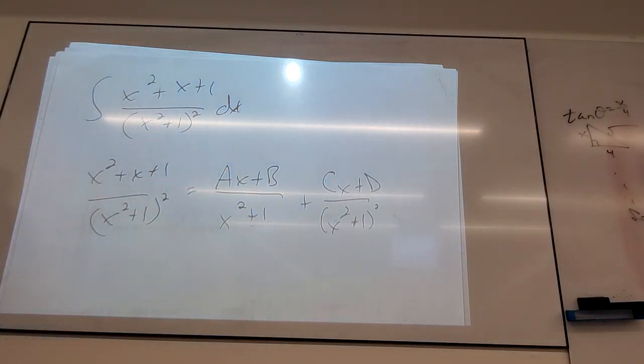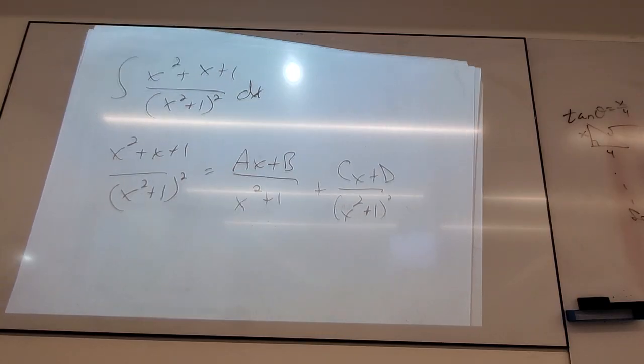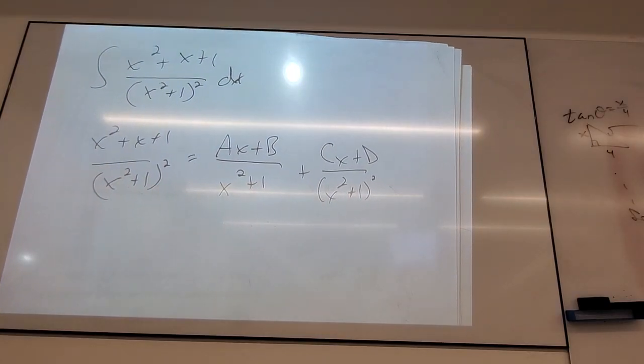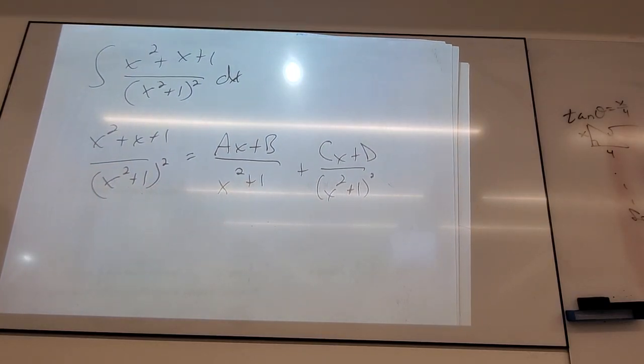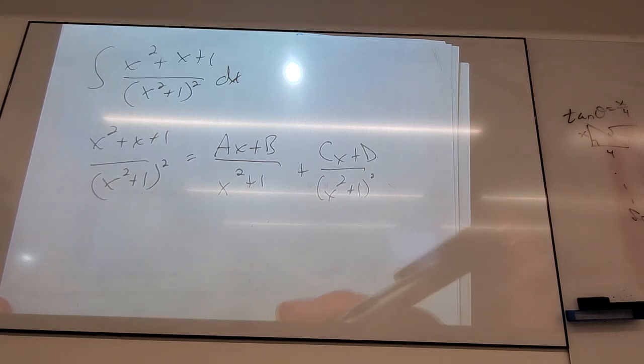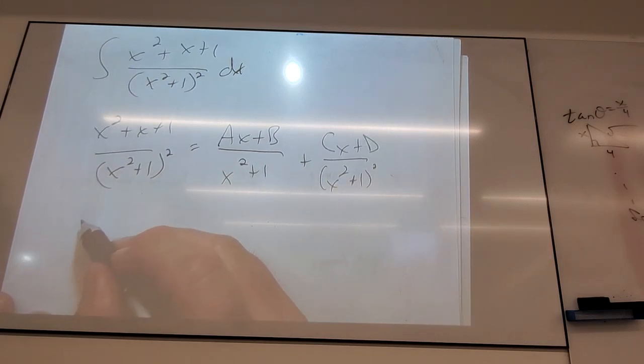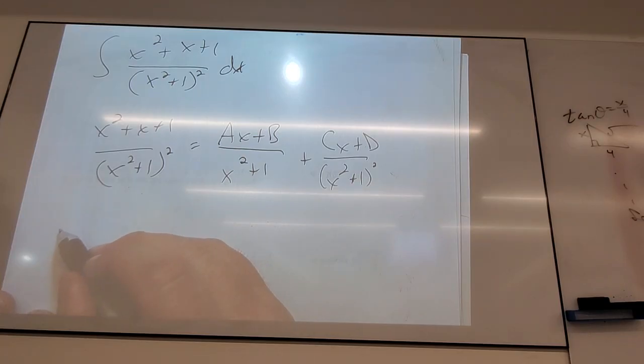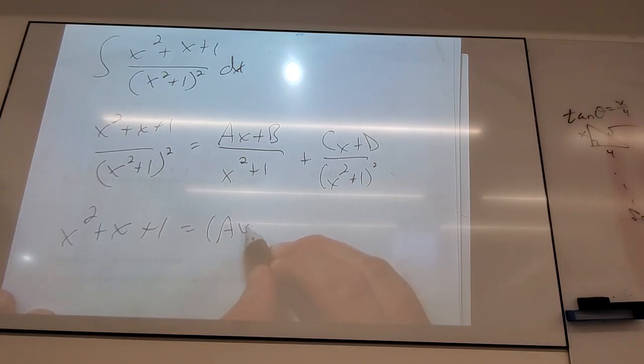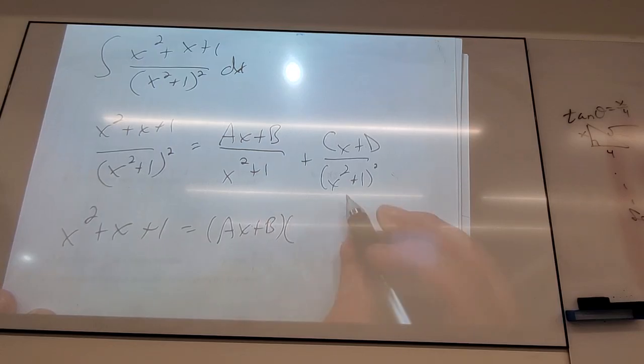Okay. So what's next? I'm gonna multiply both sides by the denominator, so what's this one gonna pick up? Good, and what's this one gonna have happen?